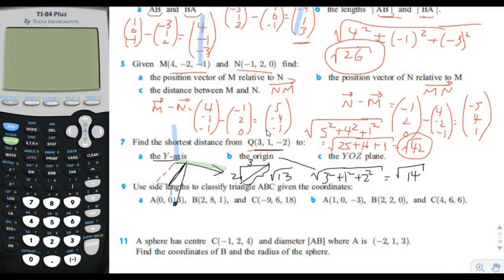So the YOZ plane would be this plane. Now you can see why you have to be good at art. The distance from the point Q to the YOZ plane is this black line here, and you can see from the drawing that it's 3. The distance is 3. Okay.